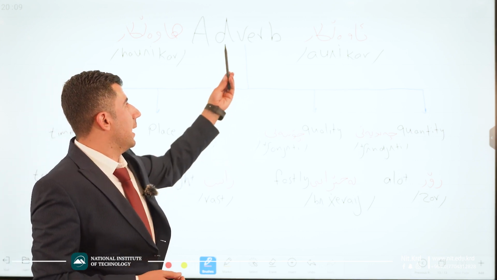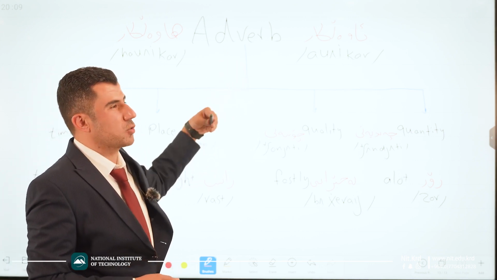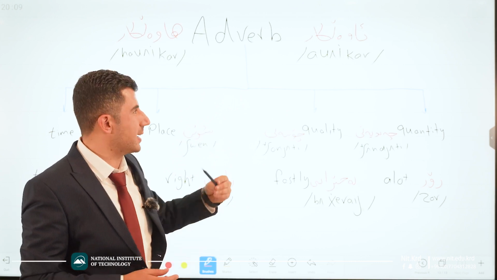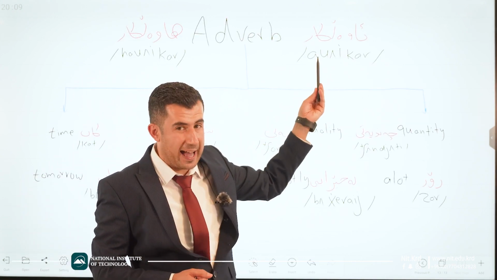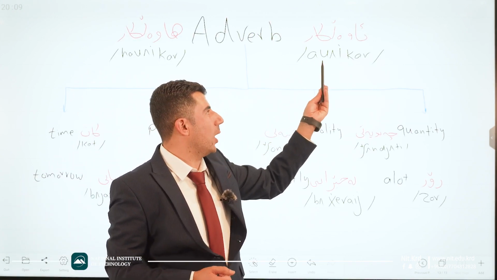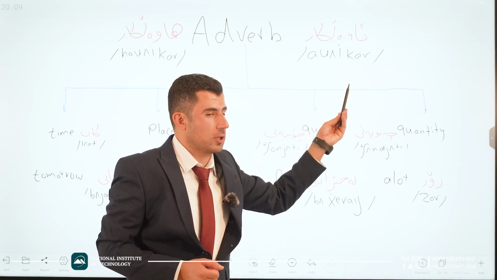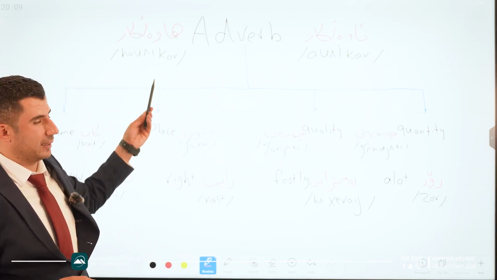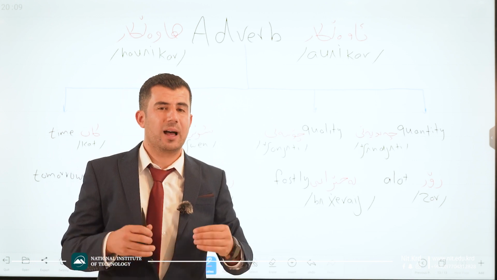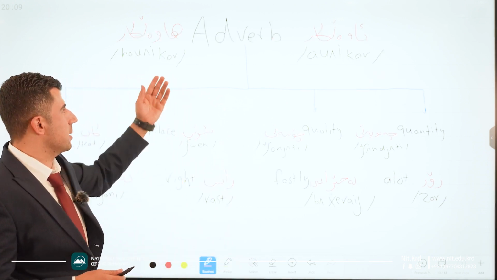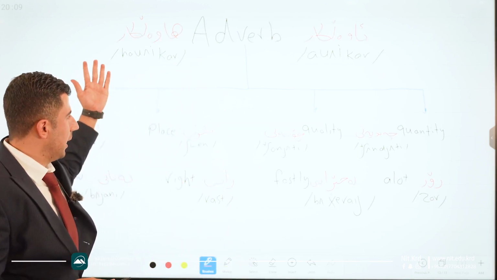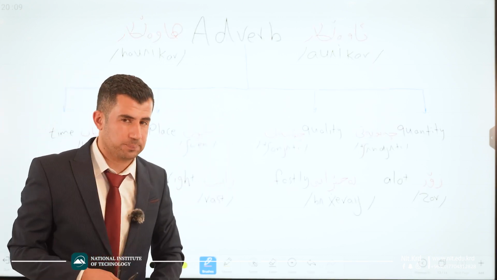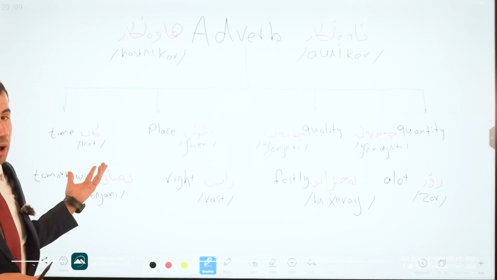Adverbs in English, when we translate it to Kurdish language, we can say awal kar, by this pronunciation, and also we can say hawal kar. Hawal, awal are both the same. We can use both. We have four main types of it. The first one is time.